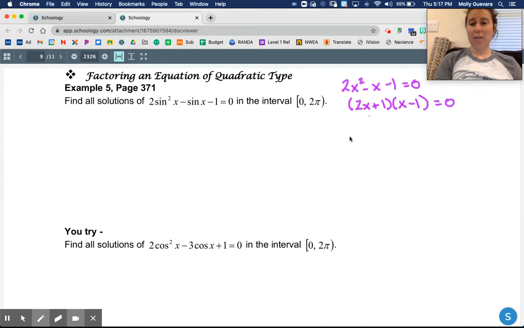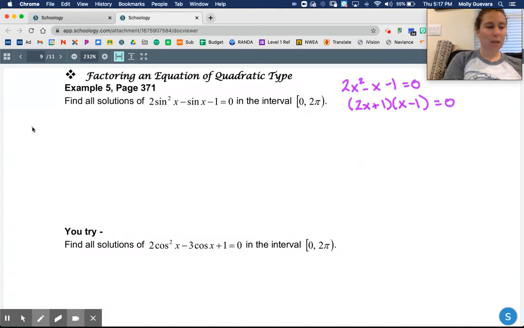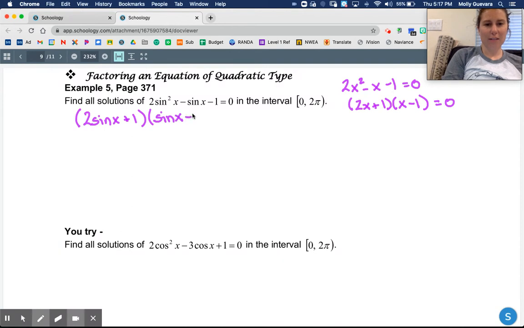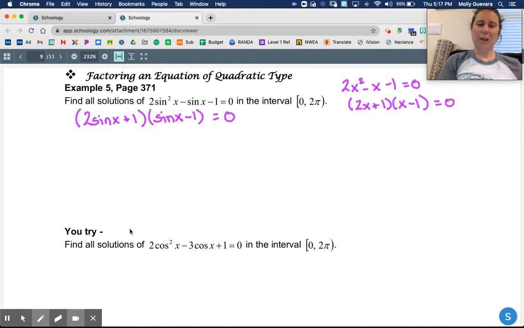I know I can factor that really easily, and if you can't, you can always use x box. That gets me 2x squared minus 2x plus 1x, so that's the negative x, and then minus 1. Once I substitute the sine back in, it's 2 sine of x plus 1, and then sine of x minus 1 equals 0. I just think of it like this temporarily to help me factor it.